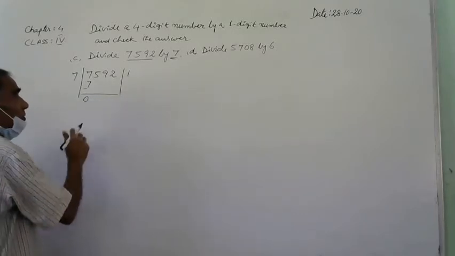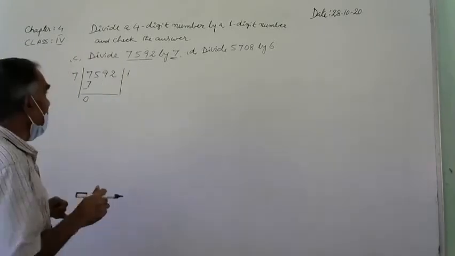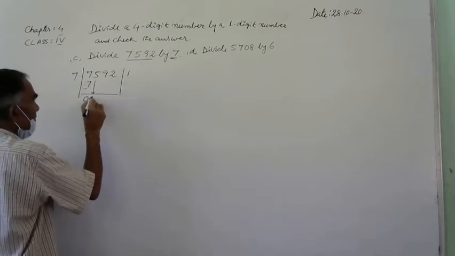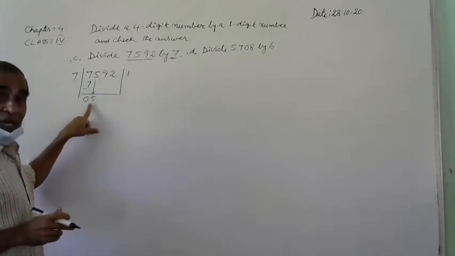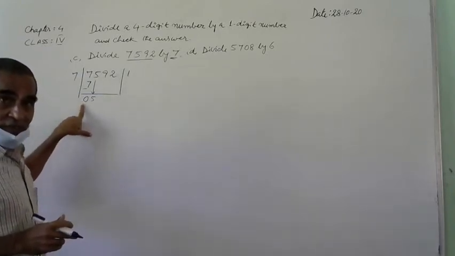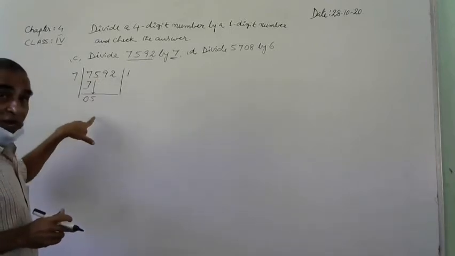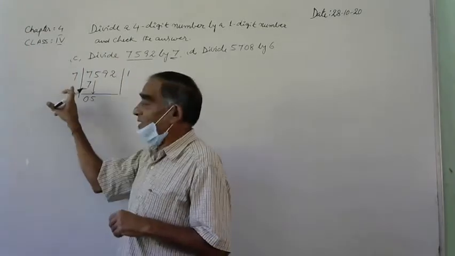It is 0. You down the number which is left in the hundreds place. Okay? Then you down this 5. Now what is this here? 5. Earlier 0 was the remainder. 0 is smaller than 7. That's why we down this 5. After downing this 5, is it bigger than the divisor?